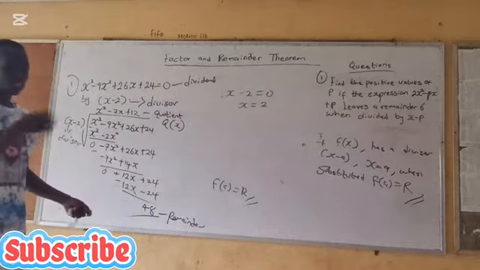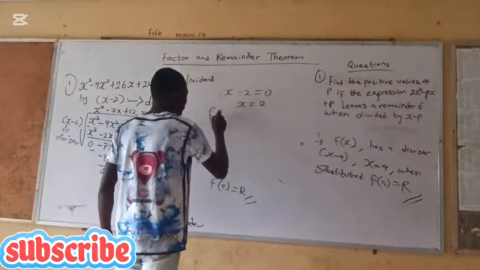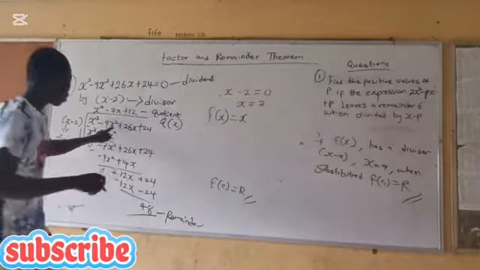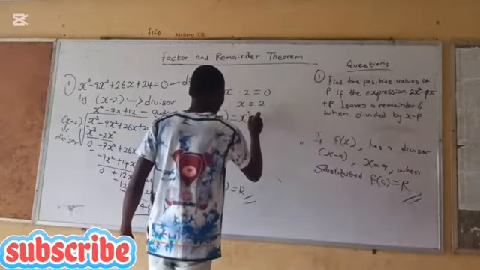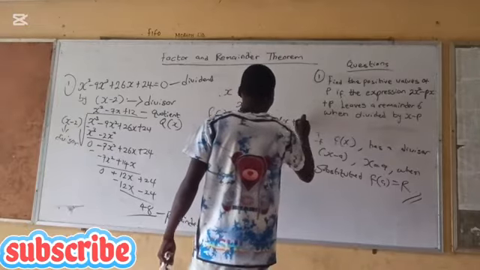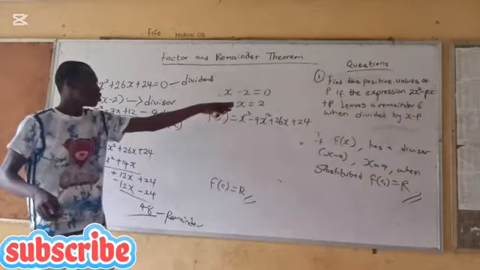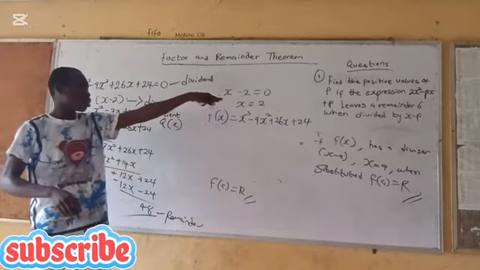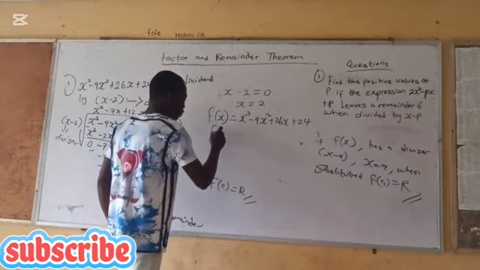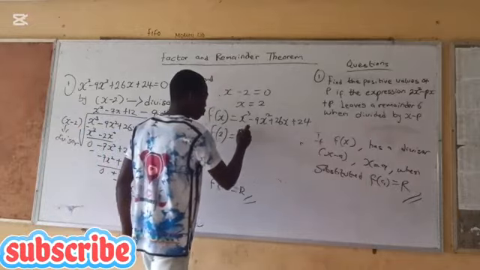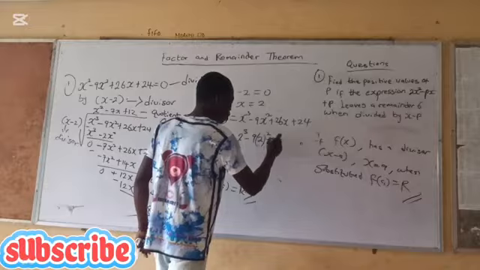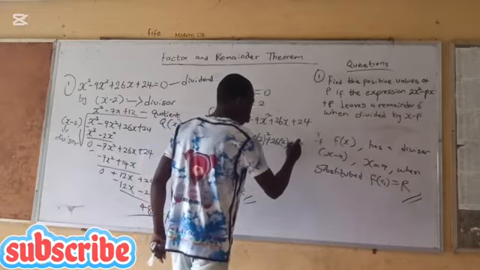When you substitute that into your function, f(x) equals your polynomial, which is x to the power of 3 minus 9x squared plus 26x plus 24. So this is our polynomial. When you substitute the value of 2 for x into this function, you are going to have f(2) equals 2 raised to the power of 3 minus 9 multiplied by 2 raised to the power of 2 plus 26 multiplied by 2 plus 24.